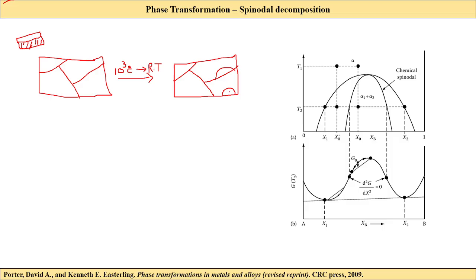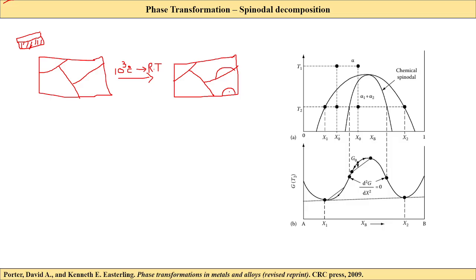Again, we have seen that the critical radius for homogeneous and heterogeneous nucleation will remain the same, but the delta G star will decrease. Why does it decrease for heterogeneous nucleation?